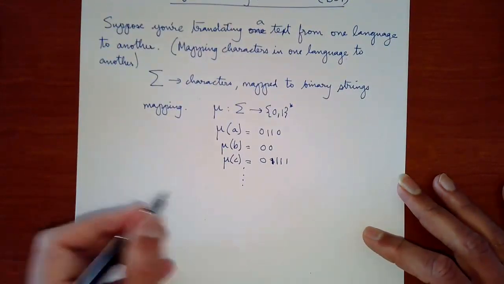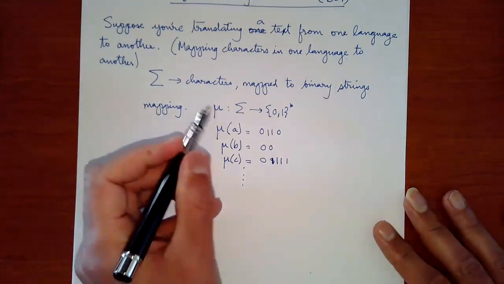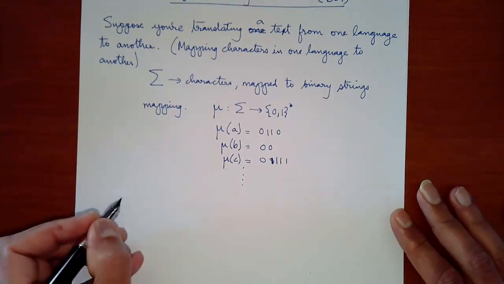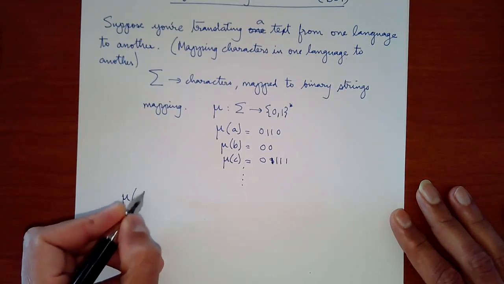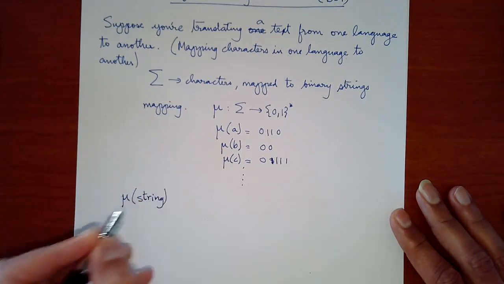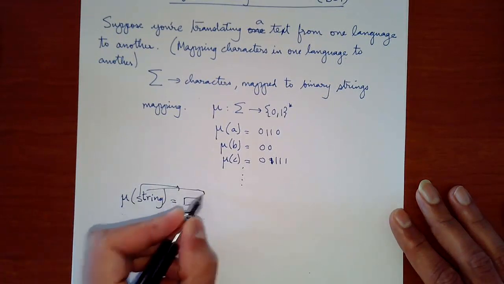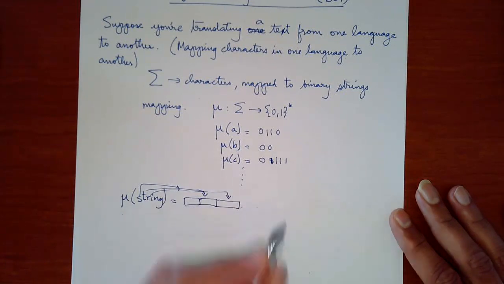Now I give you a text. Maybe you know what this text is in advance, and you have to do the conversion. So when you see a string, mu of string, you have to map s to something, t to something else, r to something else, and so forth.